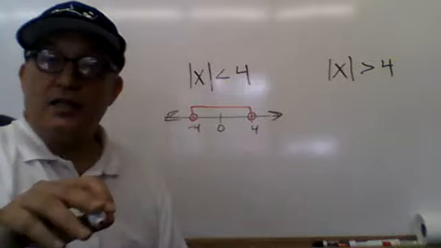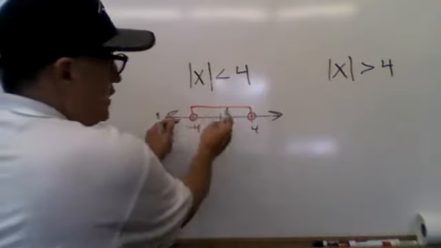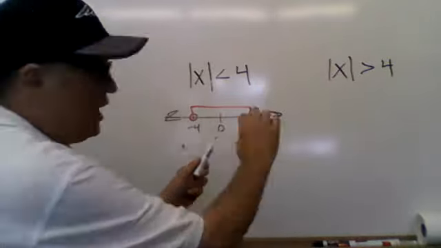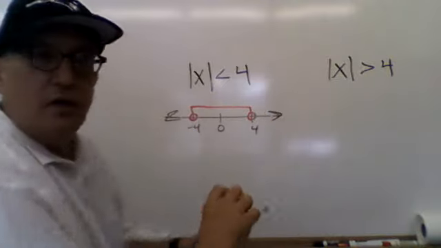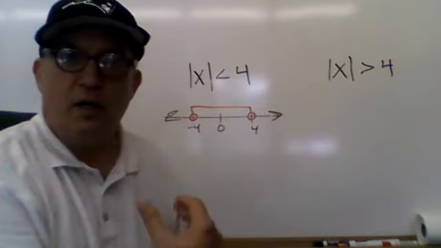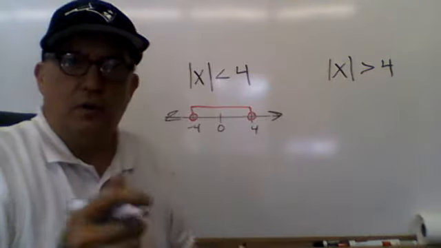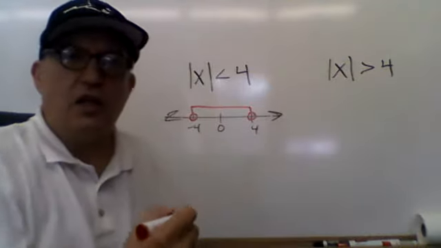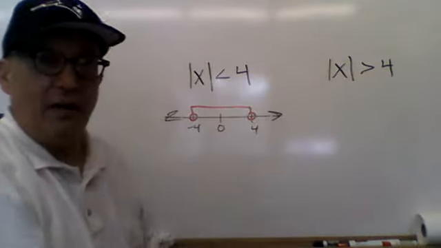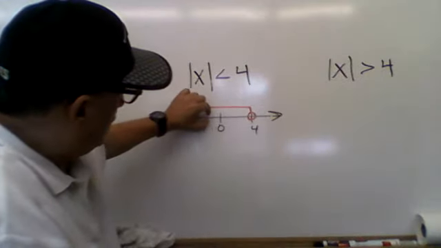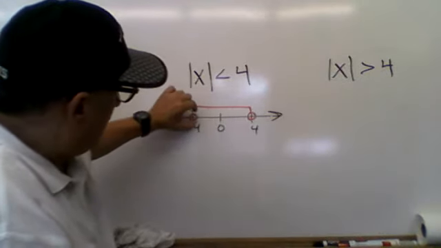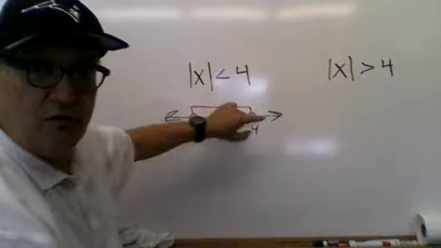Now, in textbooks, often this would be a darkened line segment right on top of the real number line. But when you're writing it out by hand, I think it's clearer to go above the line. In the books, it would be a thickened line segment between negative 4 and 4.